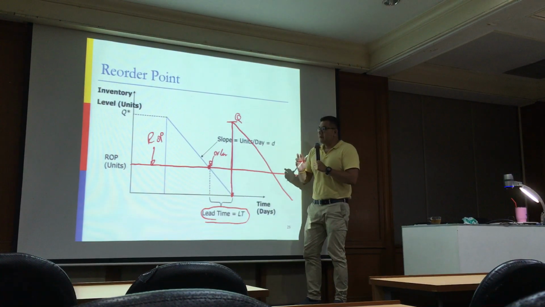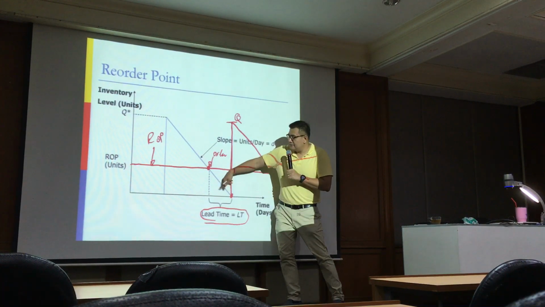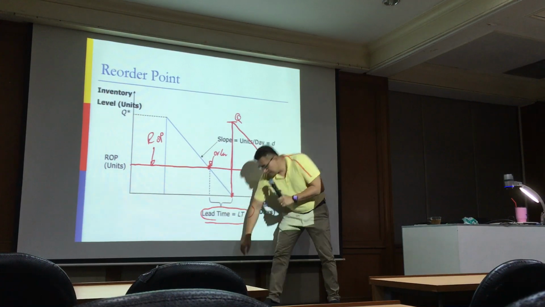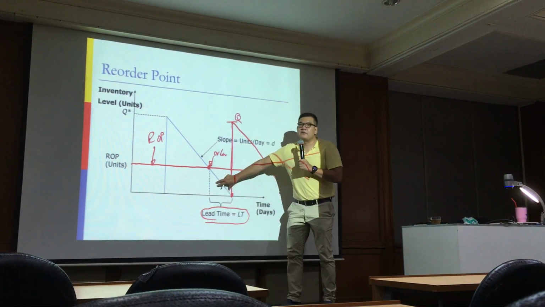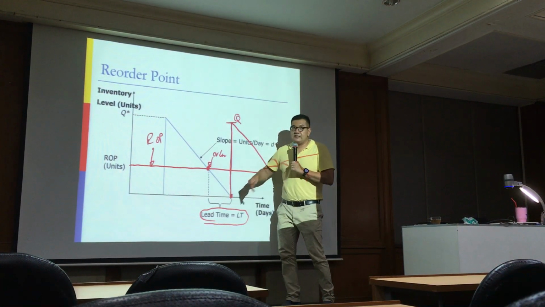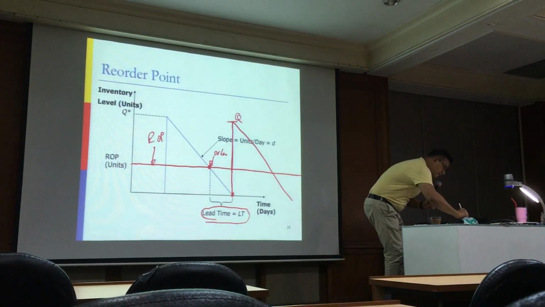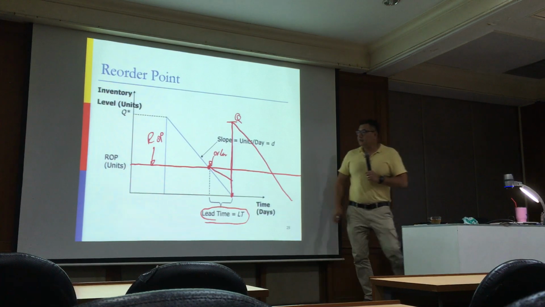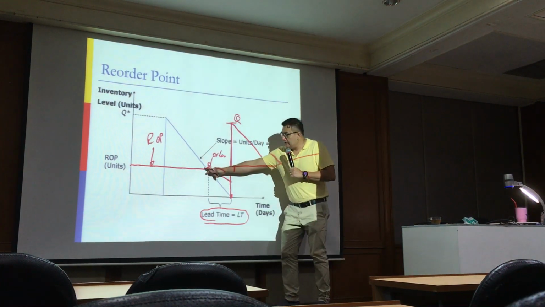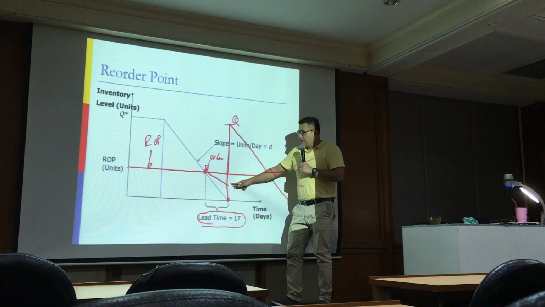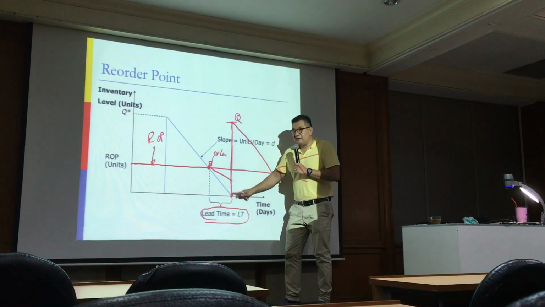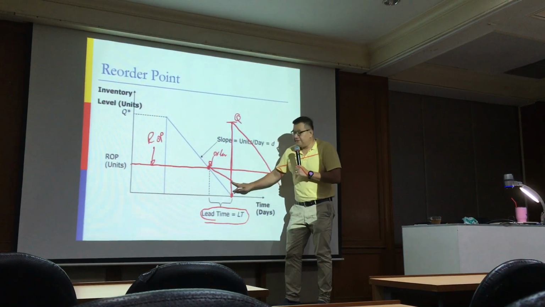But what happens if demand during this lead time is not that constant, right? If it's not constant, we have a problem. If the demand goes from here and then goes to here, at the lead time period here, we have some left, right?